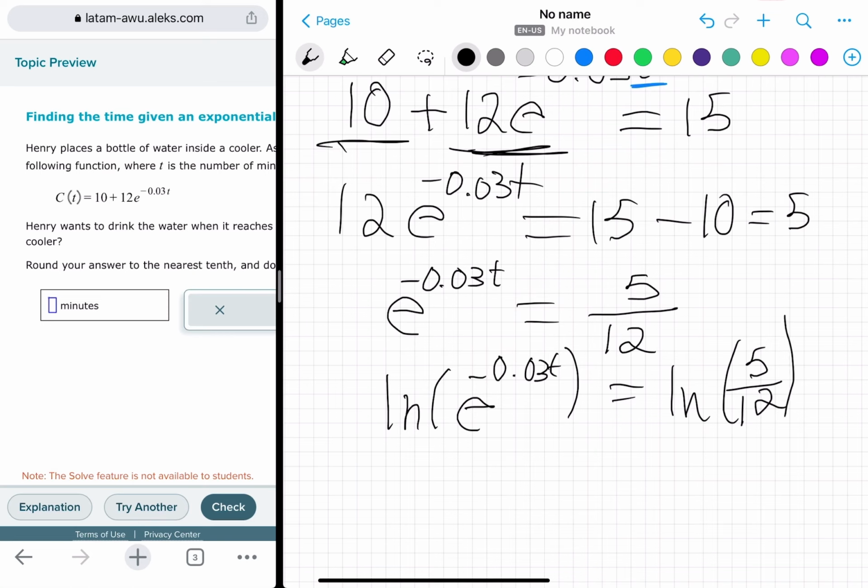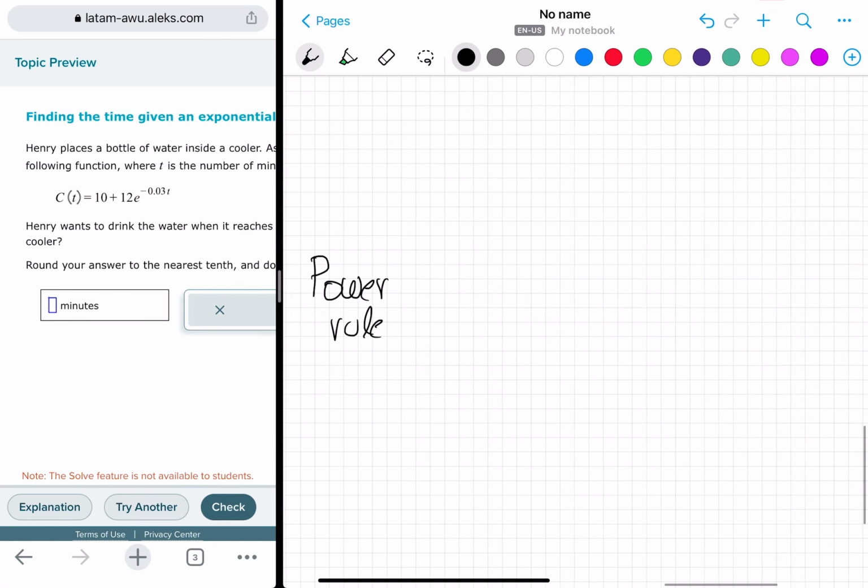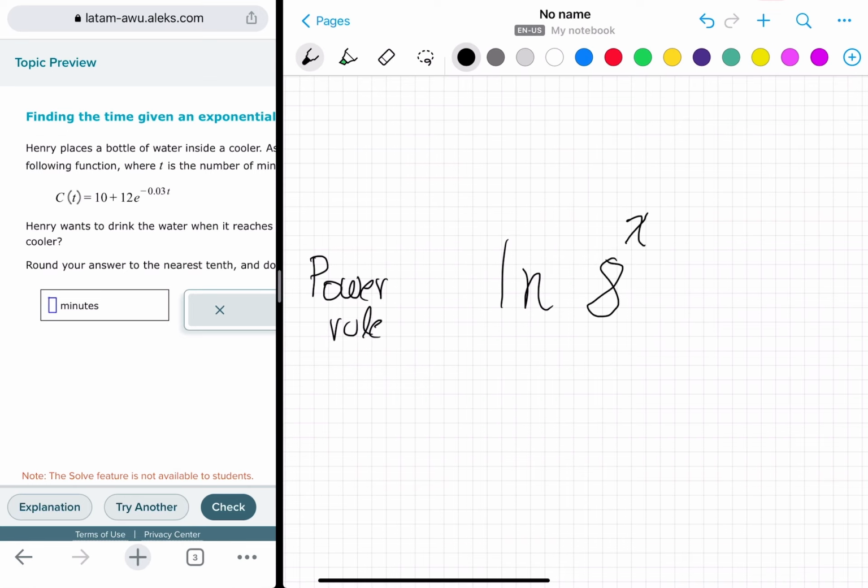And here I will apply the power rule, which is a property of logarithms. The power rule says that whenever I have the logarithm of a number, let's say, for example, 8, raised to a power, for example, x, we can move this exponent down.